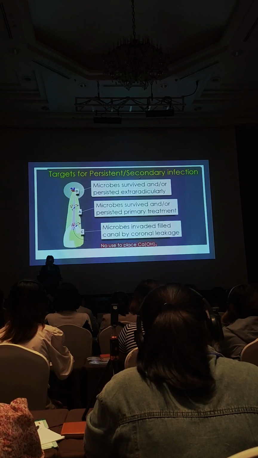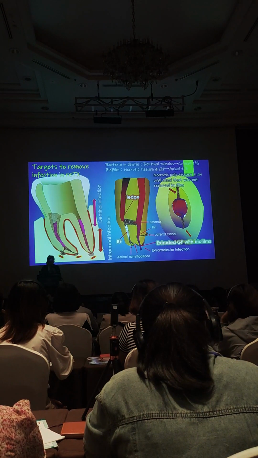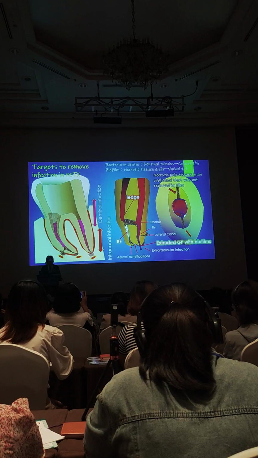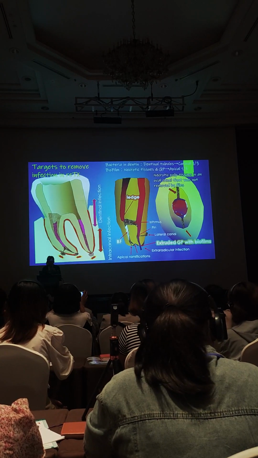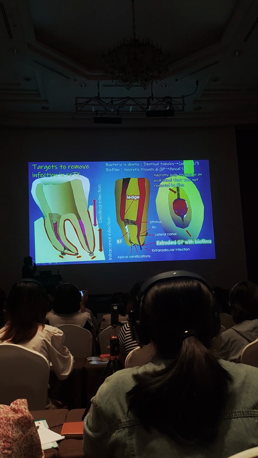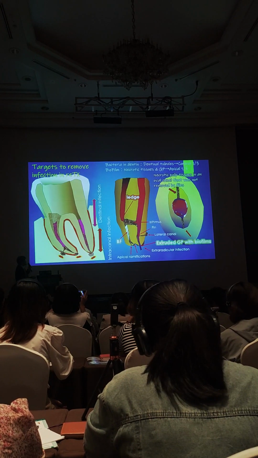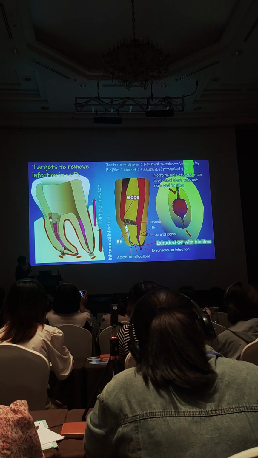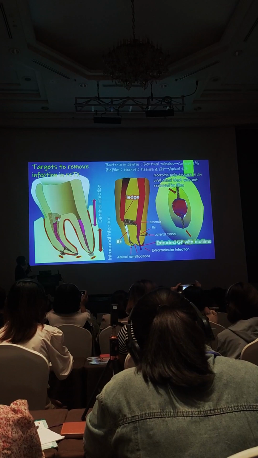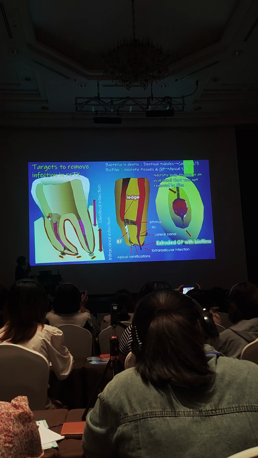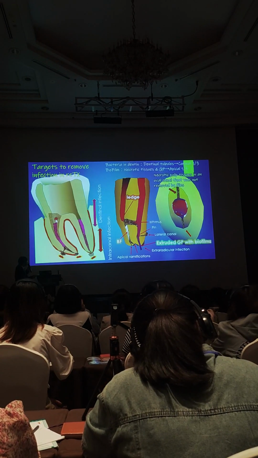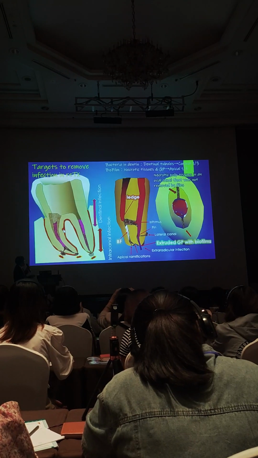So again, let's move to another subject. To make it short, your target in retreatment will be first the coronal dentin. As I showed you, you have significantly more bacteria in the coronal dentin. So your initial target in retreatment will be the coronal dentin.